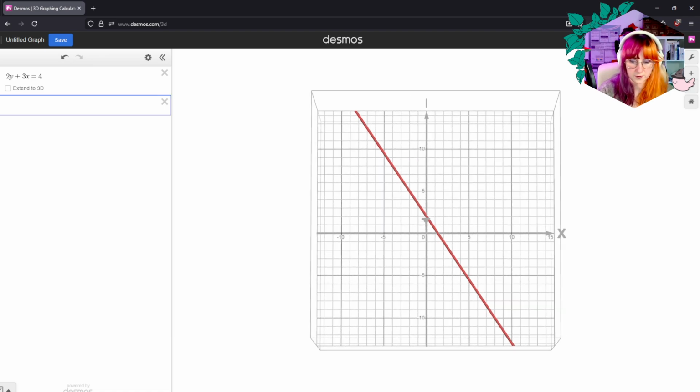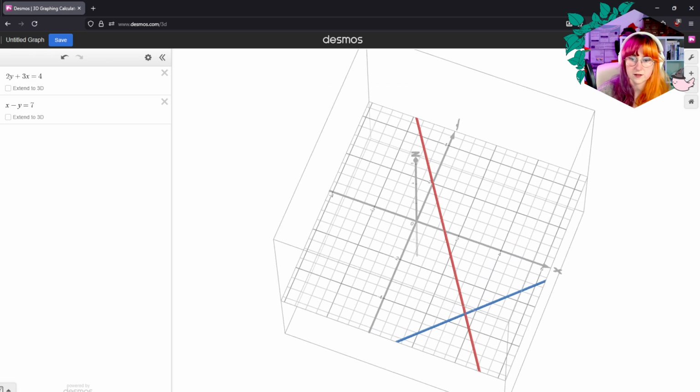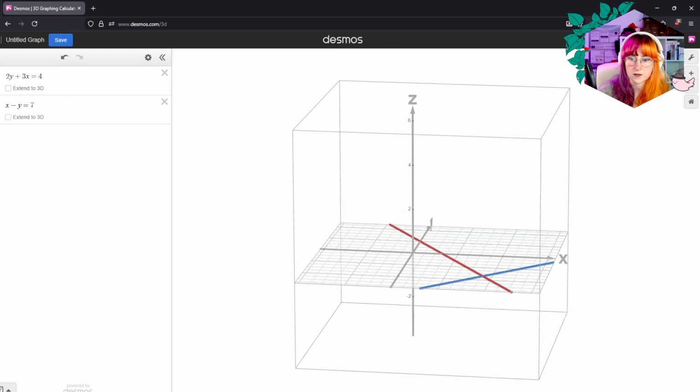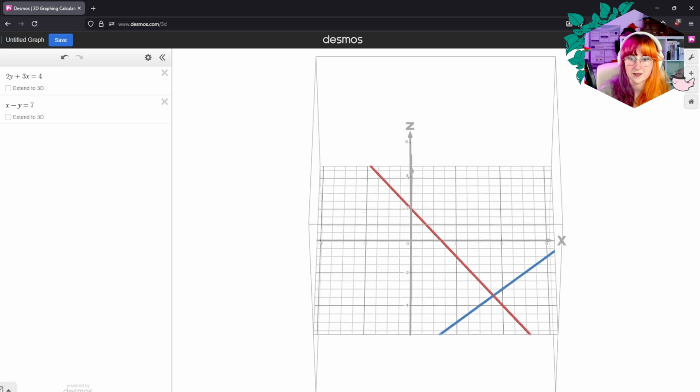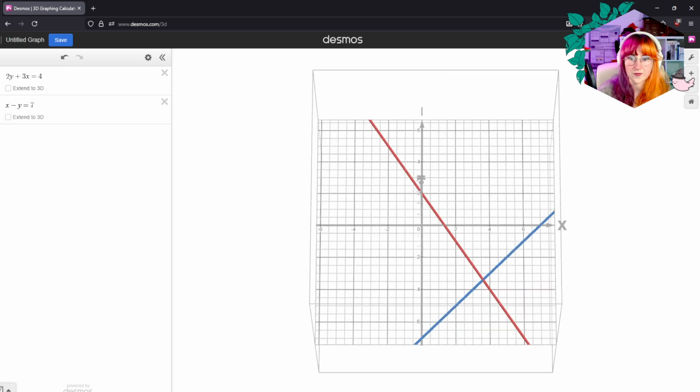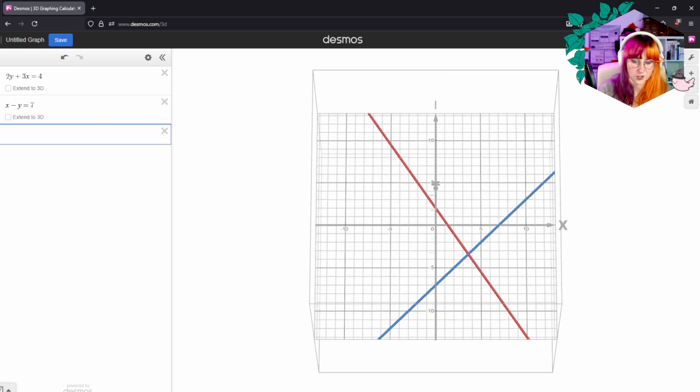And I'll do another one, which is x minus y equals 7. So there's our two lines. We can see that they intersect, and we can check what point that is in space. It's not going to let me click on it. So in that case, let me just put in here 18 over 5, minus 17 over 5.